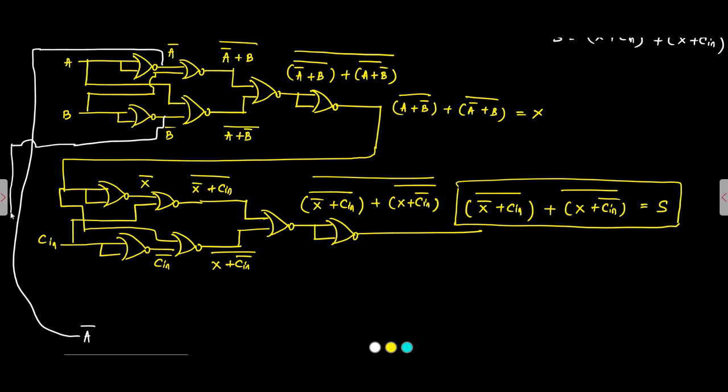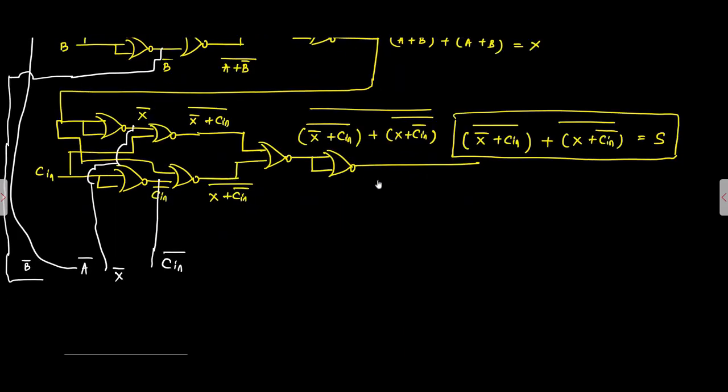That's why I am trying to draw it separately. We'll take B bar here. Then we need X bar and C in bar. So this is C in bar, and we'll take C in bar from here. This is X and this is X bar, from here.